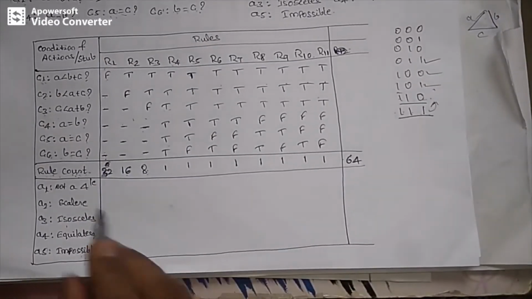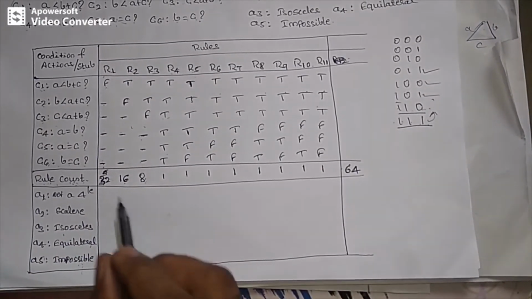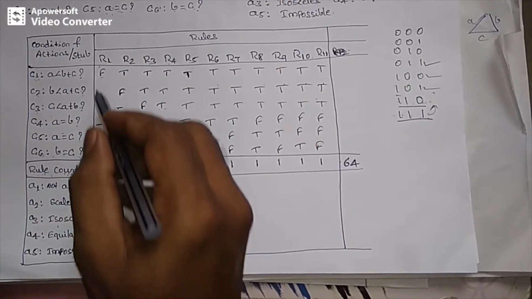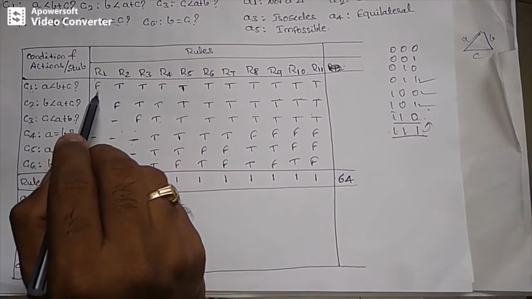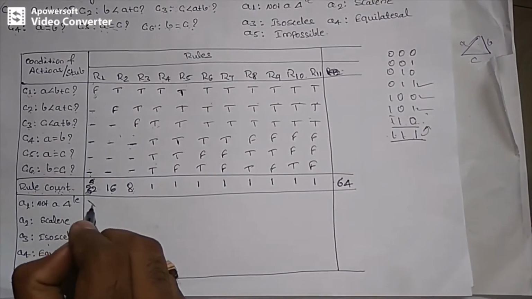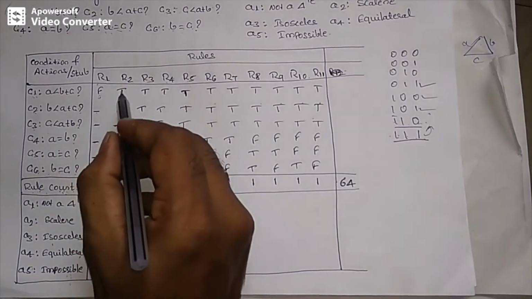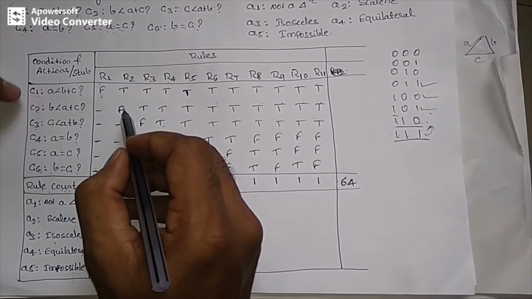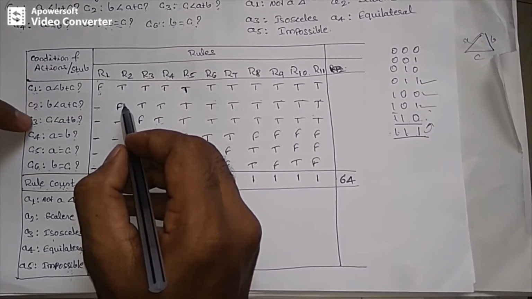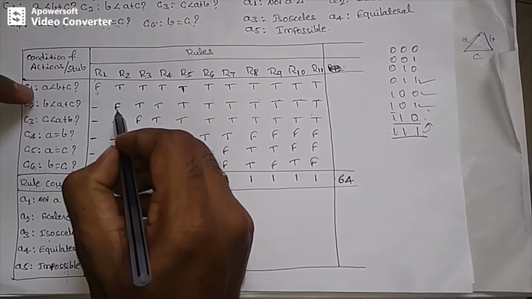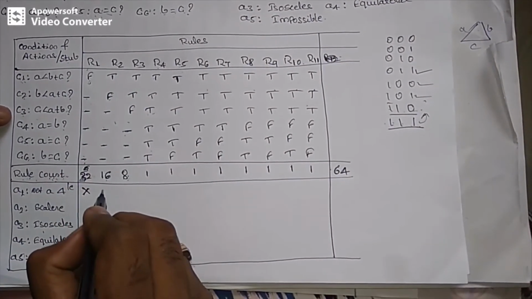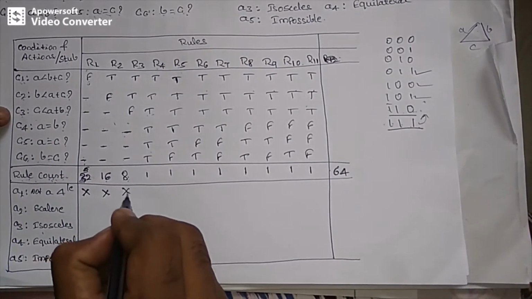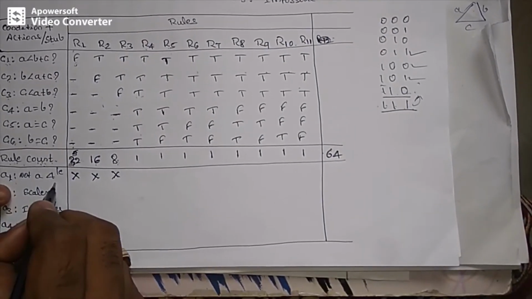Now I need to write the output result. When this combination is there, what will be my expected output result? When the first condition itself becomes false, it is not possible to form a triangle. Similarly, I told you that if any one of the conditions C1, C2 or C3 becomes false, then irrespective of the other condition input values, the output result will be not a triangle.